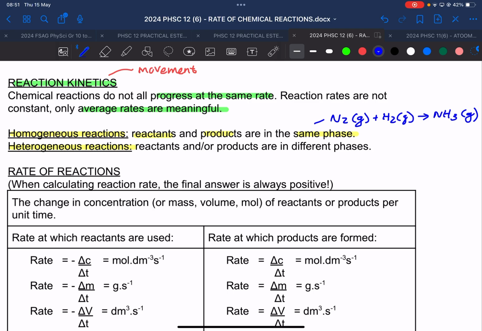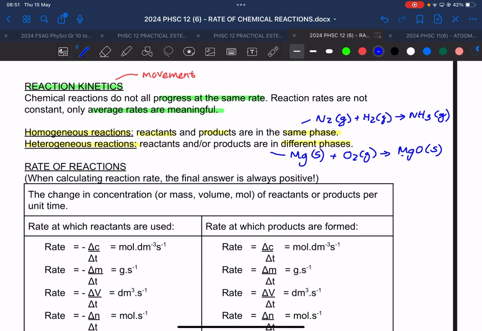Then a heterogeneous reaction is when they are in different phases. For example, when you have magnesium solid, like a magnesium strip, and it reacts with oxygen gas and it gives you magnesium oxide solid, a white powder. So they are in different phases, so that's a heterogeneous reaction.